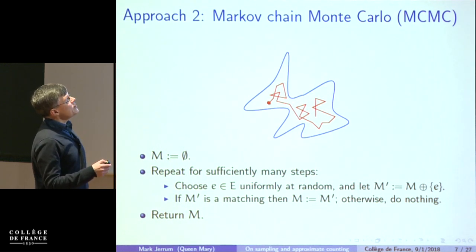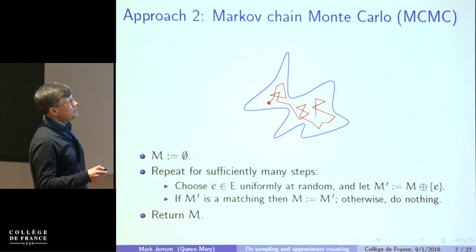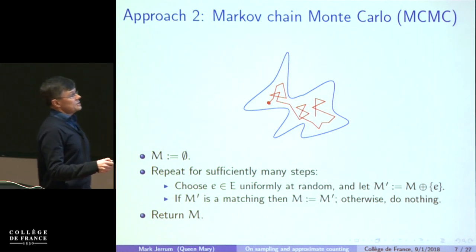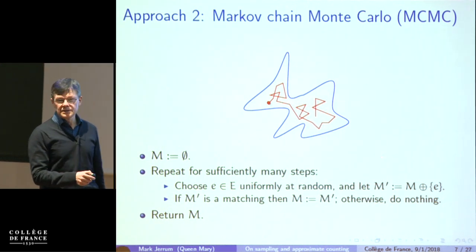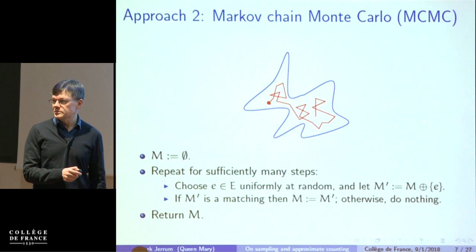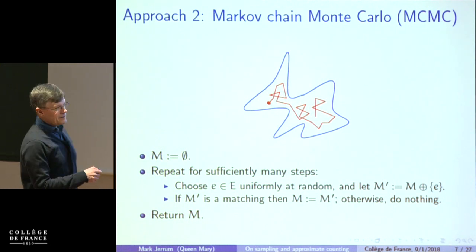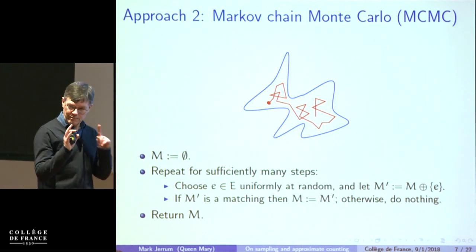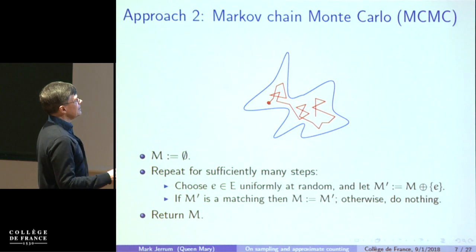We just do a random walk in this space. And here it is. The nice thing about random walks is that they tend to be very simple algorithms. That's one good thing. And the other good thing is it tends to be very difficult to prove anything about them. So it's that sweet spot, really.